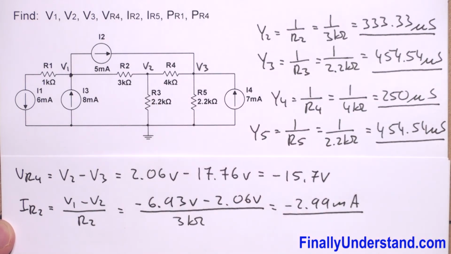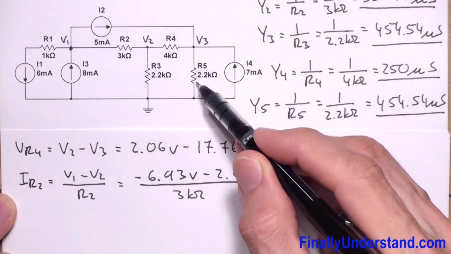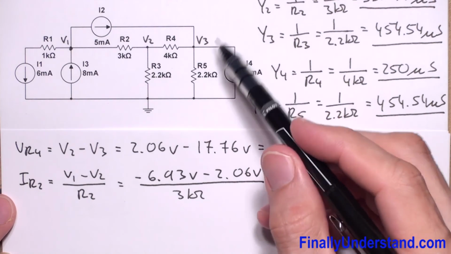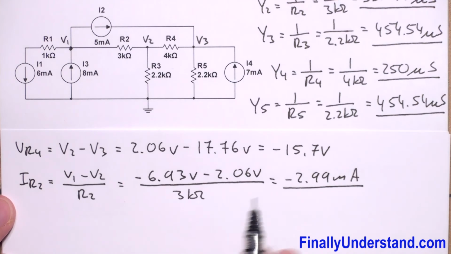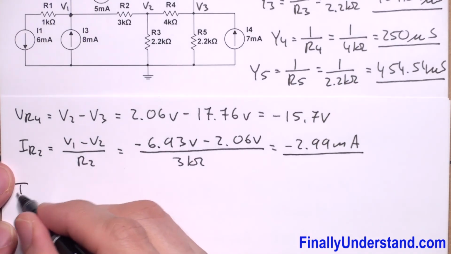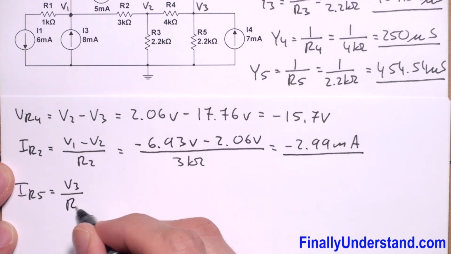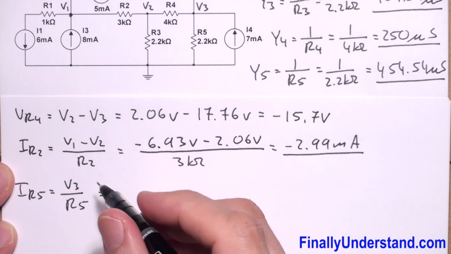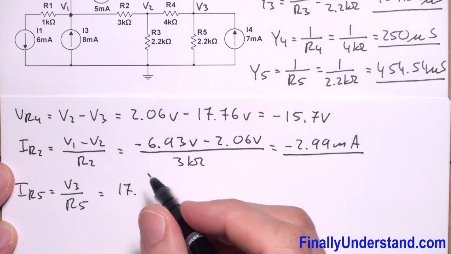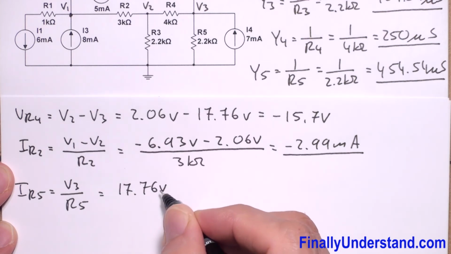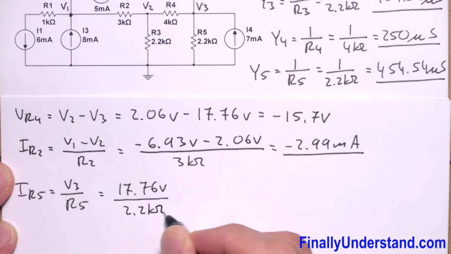Next, I'm supposed to find the current which goes through resistor R5. Please notice that the voltage across the resistor R5 is equal to the voltage V3. That's why I'm going to write that IR5 is equal to V3 over R5, where V3 we found is 17.76 volts over 2.2 kiloohms.